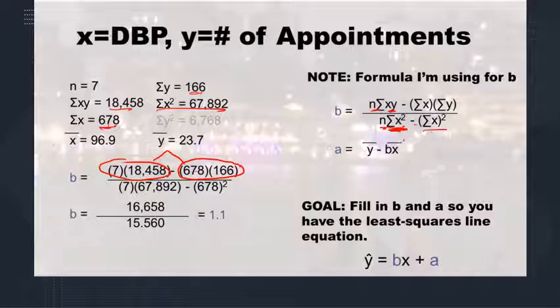This side subtracted from this side gives you 16,658. Then on the denominator, you multiply this side first and then do this side, which is squaring this 678. Whatever we get on both sides, we subtract them, and that should give you 15.56.